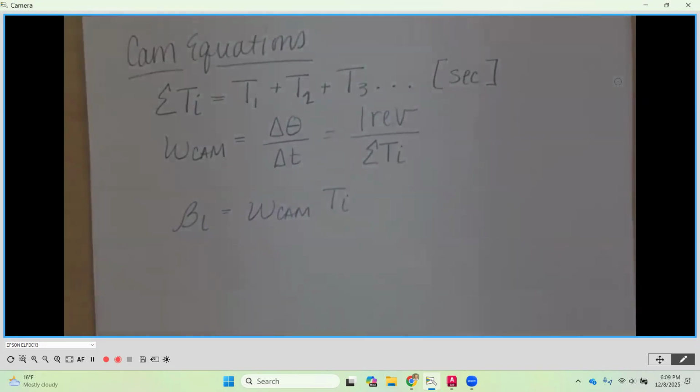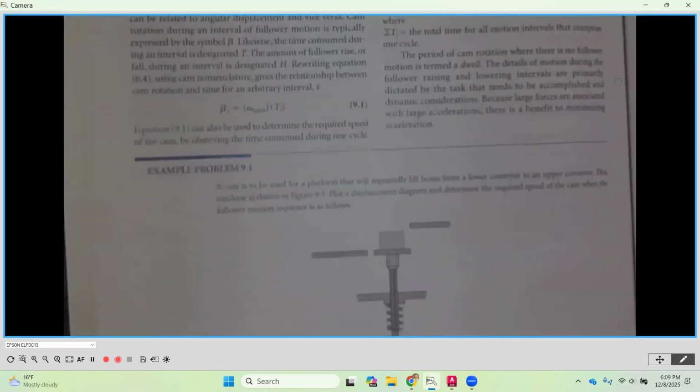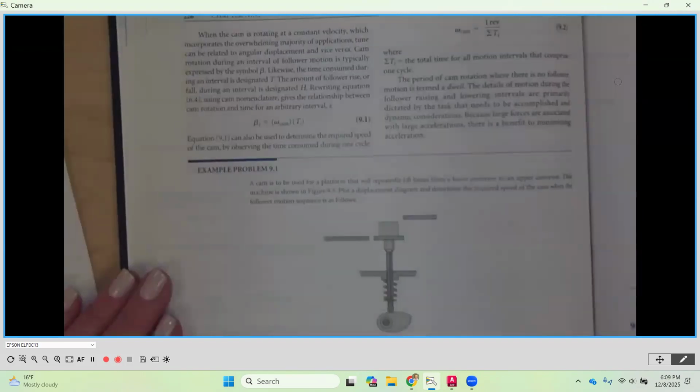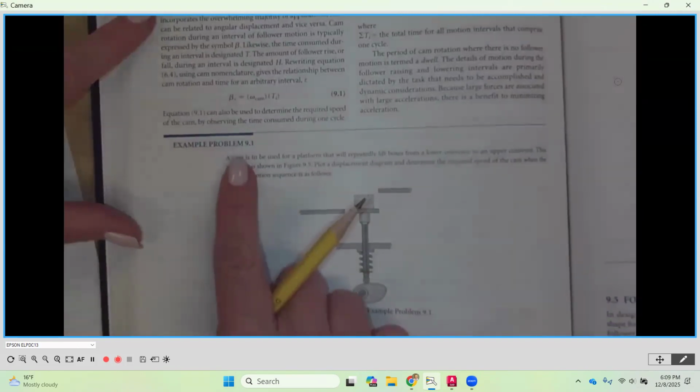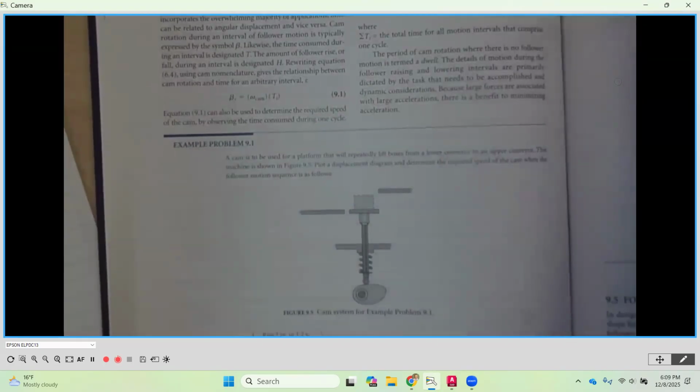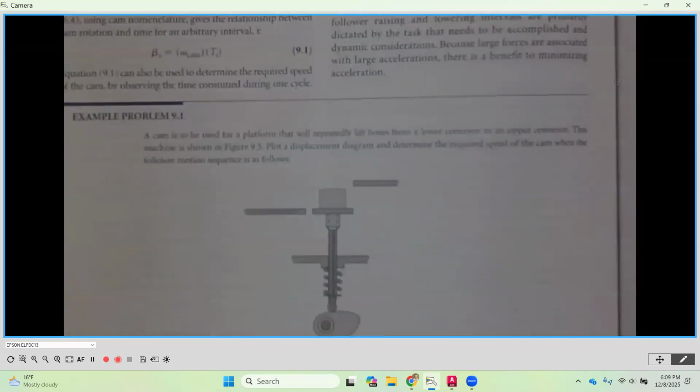All right. So let's take a peek at our first example to ease into this process. The first example we're going to be looking at is example 9.1, and this is on page 226. So I'm going to zoom in here, okay? Get the picture on.